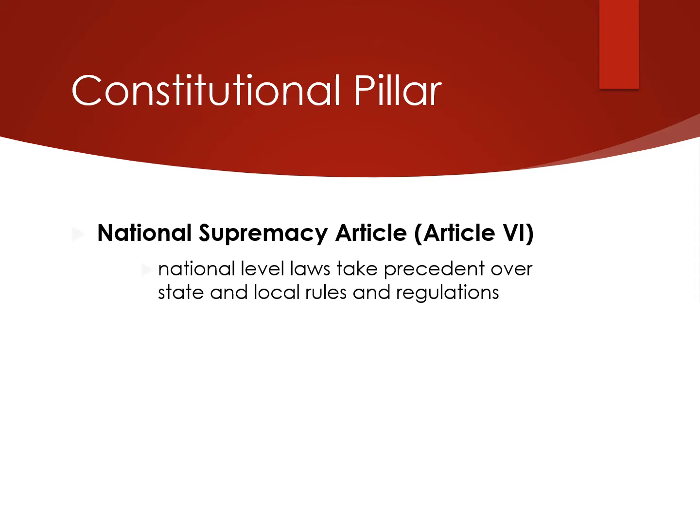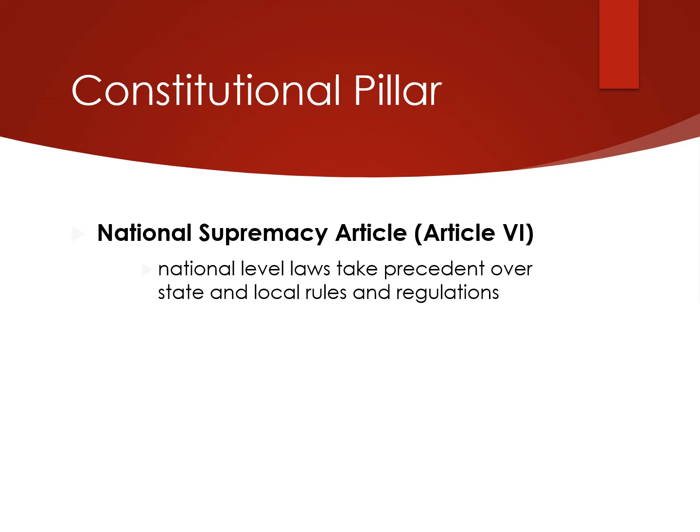Okay, so when it comes to the Constitution itself, there are basically 4 pillars of the Constitution. This gives the federal government quite a bit of leeway to work with the states. Of the 4, I'm only going to really talk about one, which is the most important for this particular course. It's called the National Supremacy Article, or the Supremacy Act.